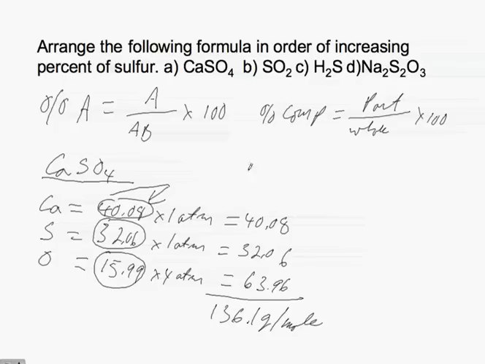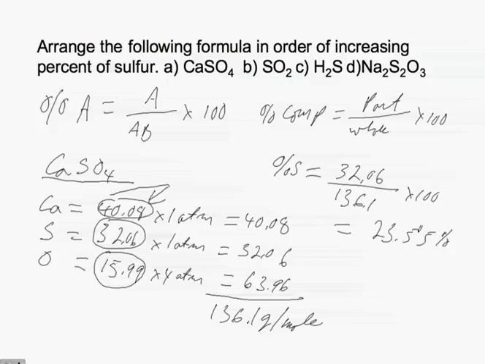My percent sulfur would be equal to 32.06 divided by 136.1 times 100, and in this instance the percent sulfur for calcium sulfate would be 23.55%.